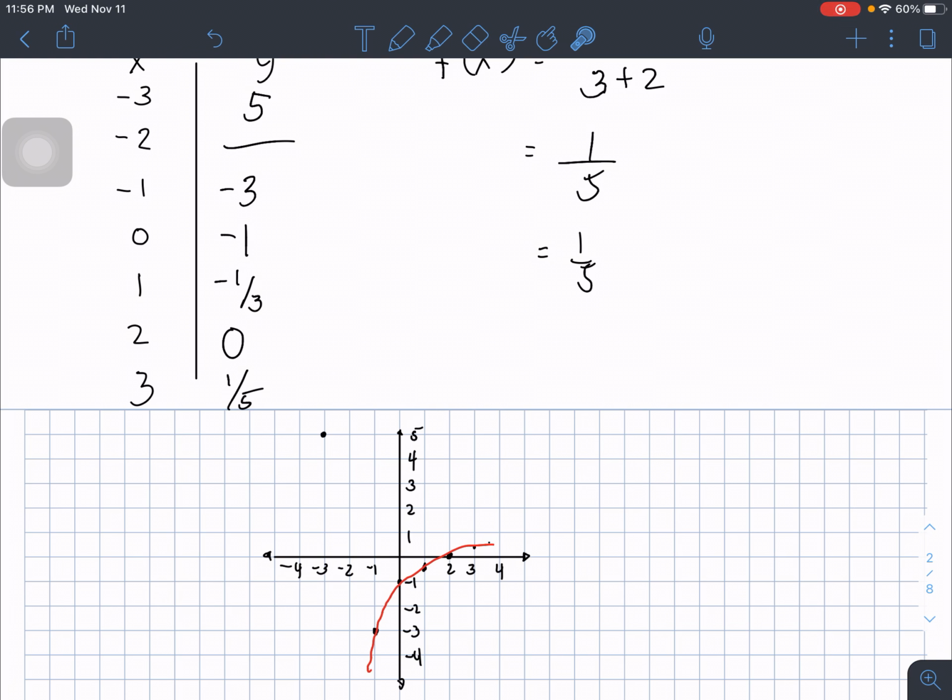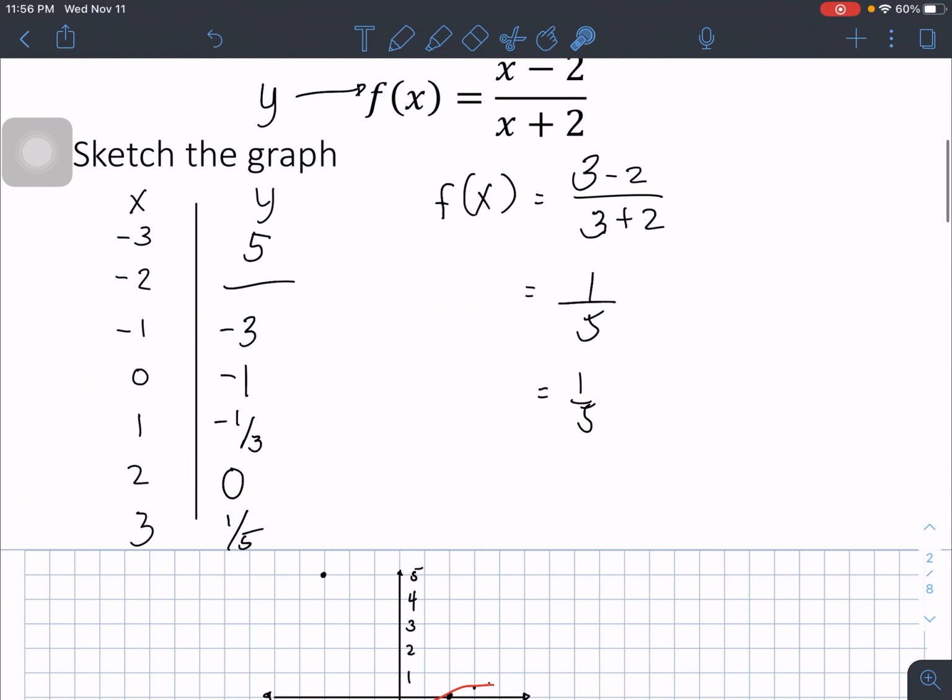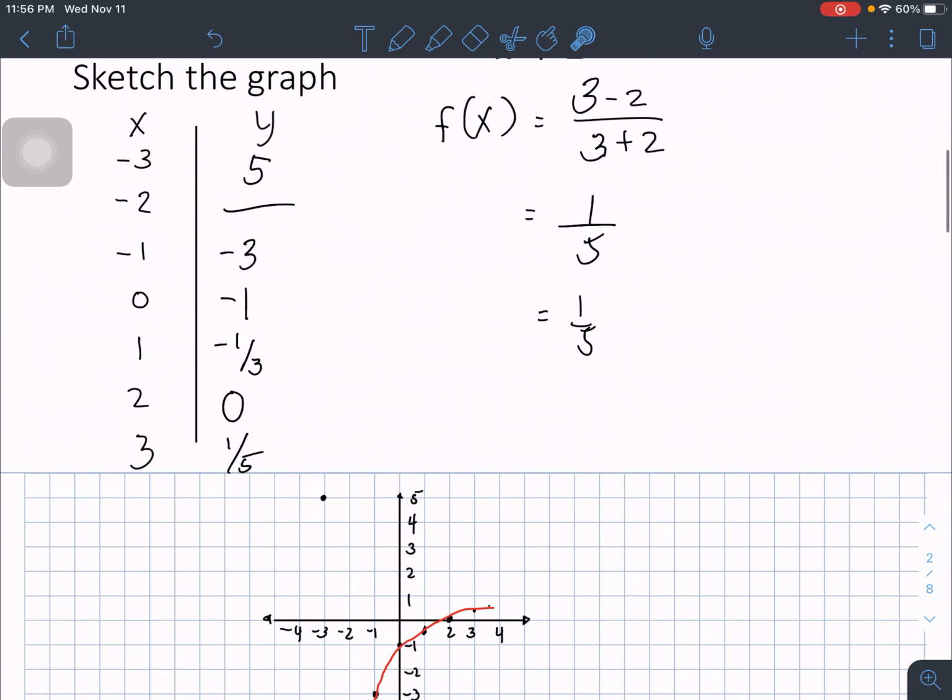So let's try to examine if we will be having x at negative 4 and negative 5. What will be the value of y? So again, change these values to negative 4. Negative 4 minus 2 is negative 6.